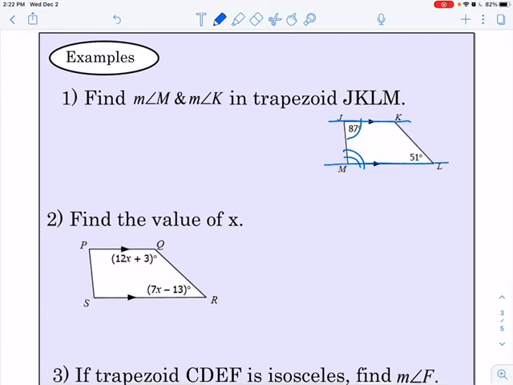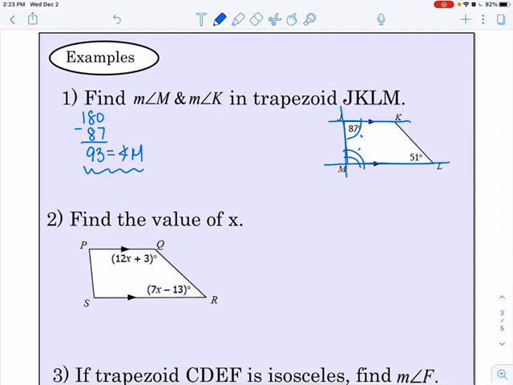Remember, these 2 sides are parallel, which makes this a transversal, and it makes these 2 angles interior angles on the same side of the transversal. And from way back when, interior angles on the same side of the transversal are supplementary. So if I take my 180 and subtract out the 87 that I used for that one angle, that's going to make the measure of angle M 93. Okay, so 93 is going to be the measure of angle M.